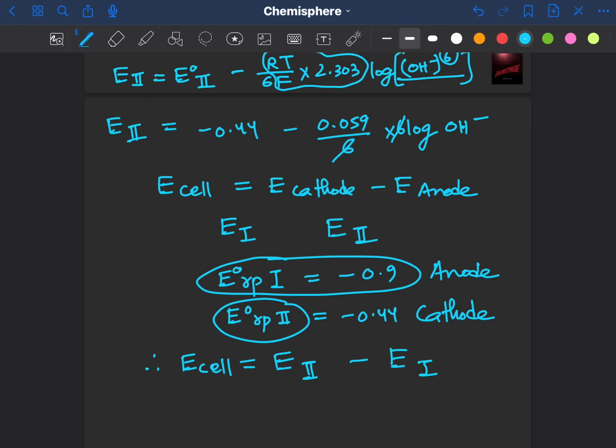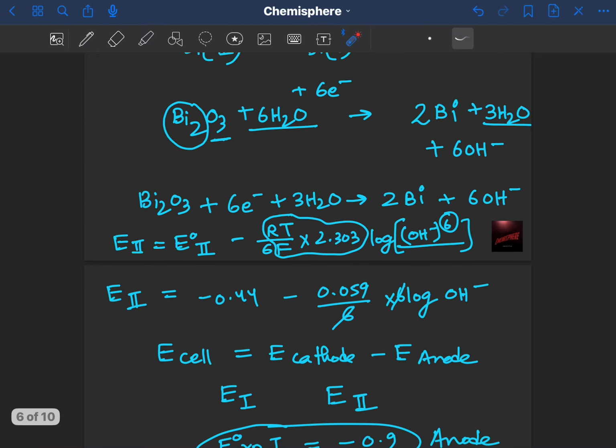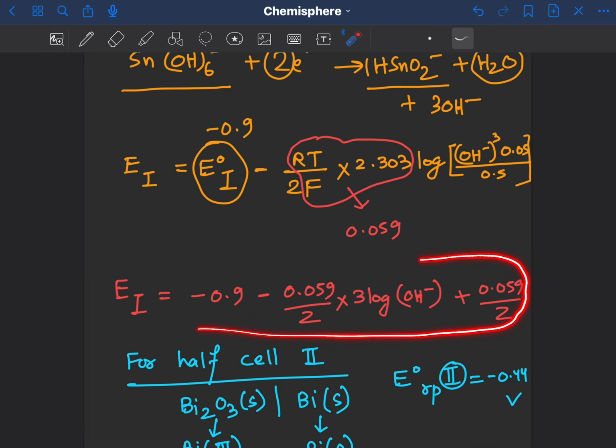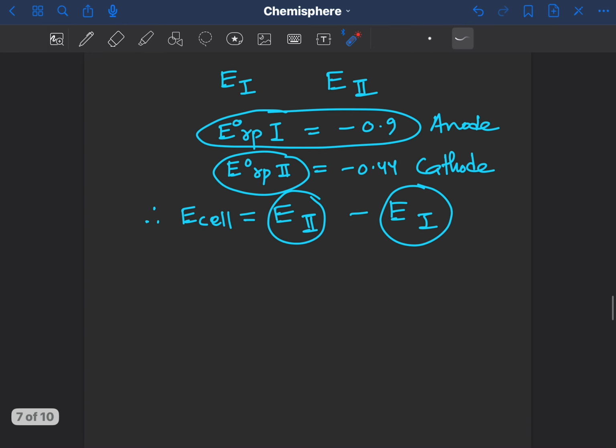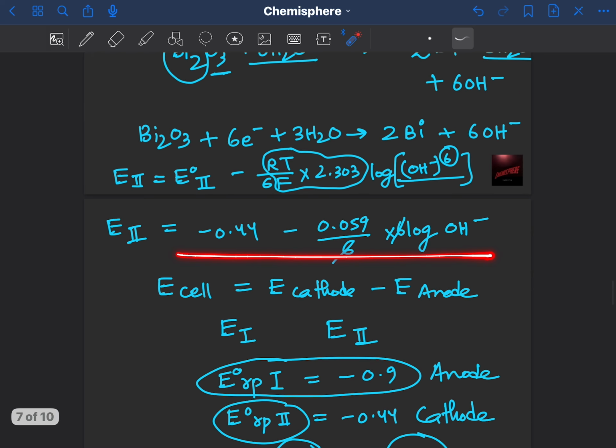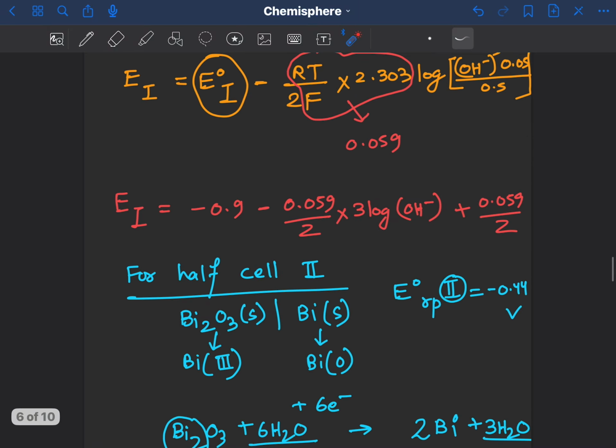Okay, and we know the values of these individual terms. We have calculated E2, and we have similarly calculated E1 in terms of OH minus. So in this equation I can substitute E2 as this, and E1 as this.